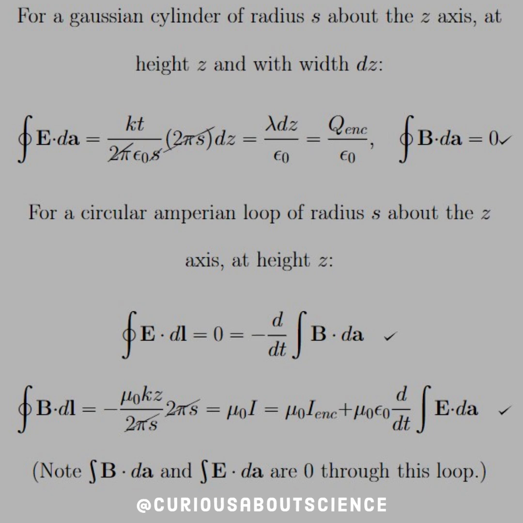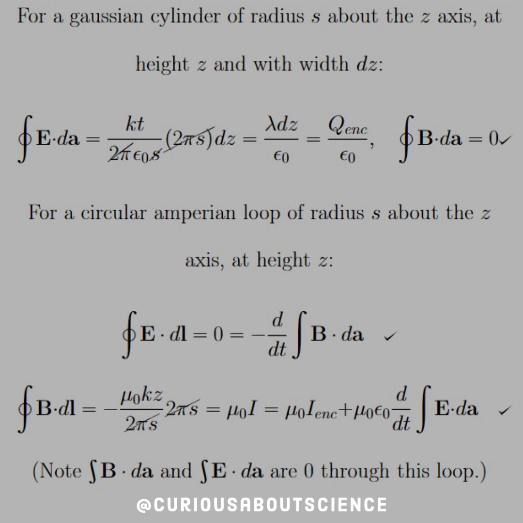So you see the 2 pi s's cancel, and that's equal to lambda dz over epsilon naught, which is equal to Q enclosed. So yep, that'll work. And then, well, clearly here B dot dA is equal to 0, since dA would be running downwards. Nothing really to worry about there.